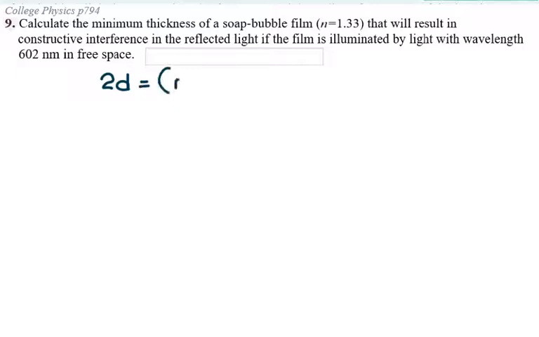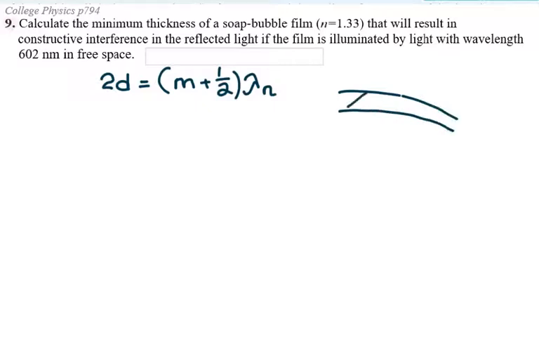equals m plus 1/2 lambda in the medium. Because I have the soap bubble, I will have the thicker medium and the thinner medium on both sides. So I have the first one with a 180-degree shift, and the second one will have no 180-degree shift.